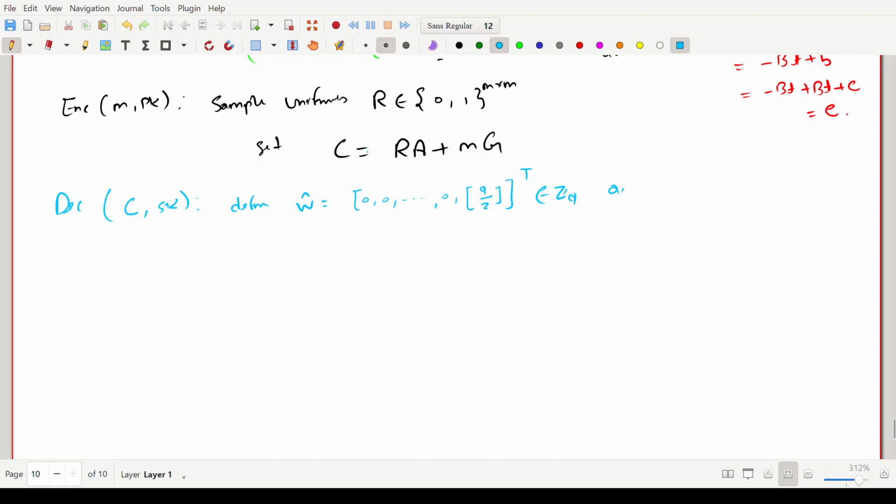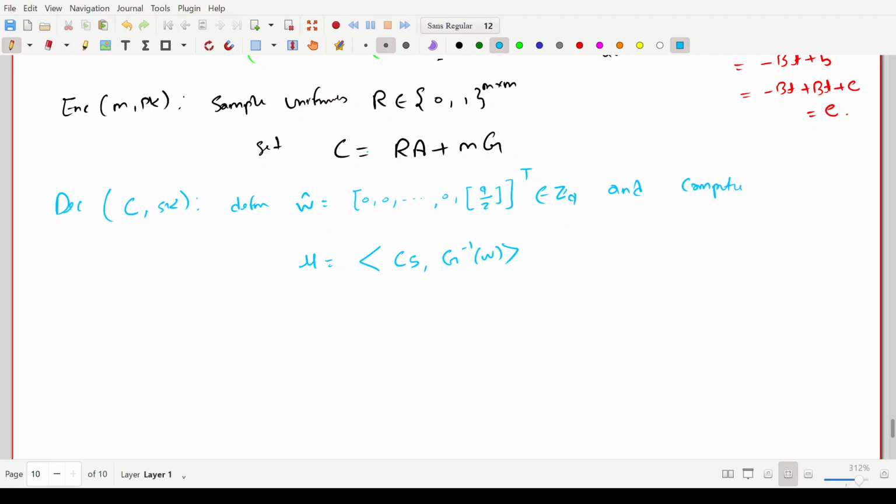And compute mu. What is mu? It is the inner product of CS comma G inverse of W. Okay, and what is the output?